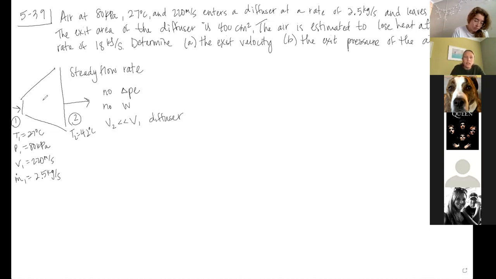And we know that there is heat loss, so a Q coming out at a rate of 18 kilojoules per second. I'm gonna write these better. The air is estimated to lose heat at a rate of 18 kilojoules per second. Determine the exit velocity. So we want to figure out what this velocity is here, and we want to figure out what this pressure is here for our diffuser.